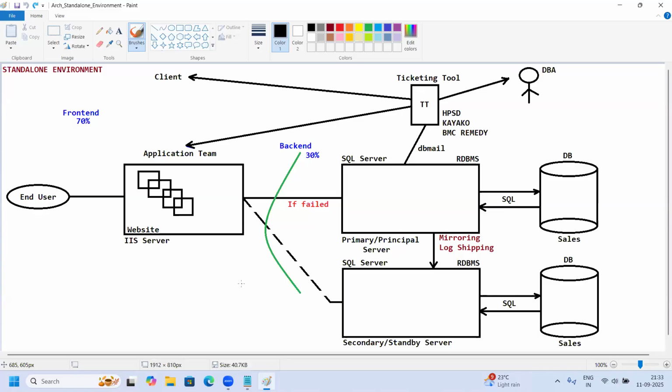One time you create it, and that database keeps storing information forever. That is the reason the efforts a DBA places in this complete standalone environment are only 30%. And the 70% efforts are of whom? The front-end team, the application team. This is how a standalone environment works for us.